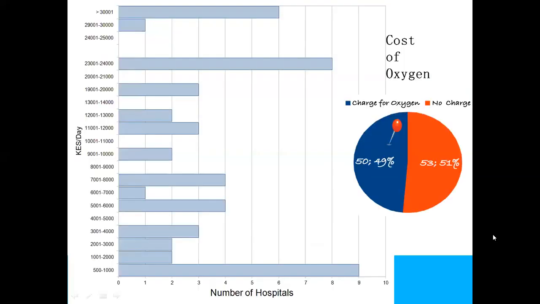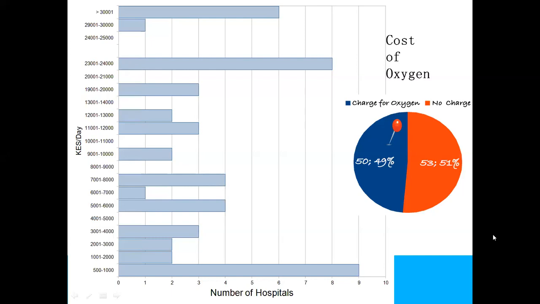So, the issue of how much oxygen costs. Over half the hospitals don't charge, 53%, so they don't charge for oxygen. And about 49% do charge for oxygen. What is interesting was the range of what is charged to the patient.